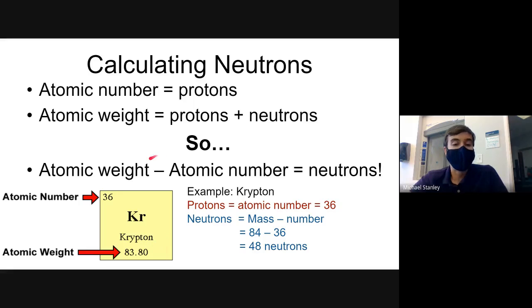You just need to do very basic subtraction. Atomic weight minus atomic number gives you the number of neutrons. 84 minus 36 is 48. There are 36 protons and 48 neutrons in one atom of krypton.